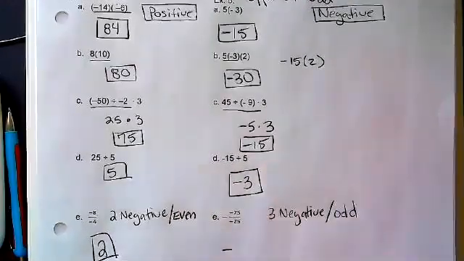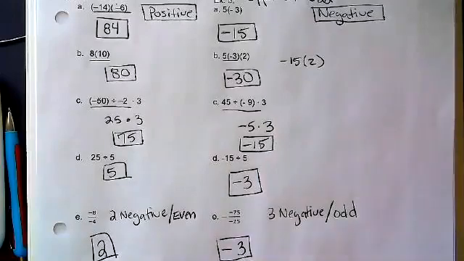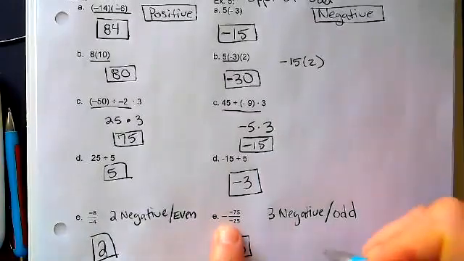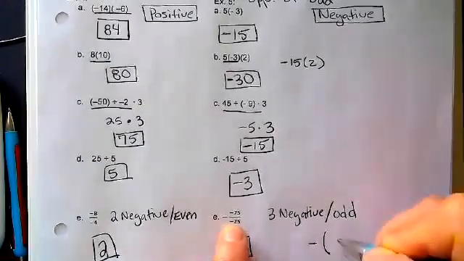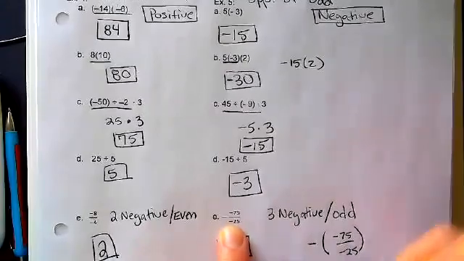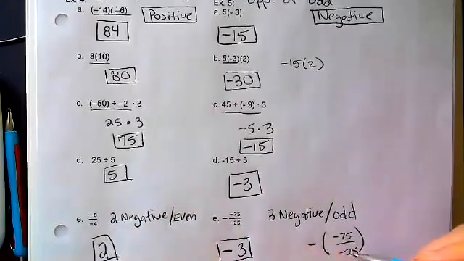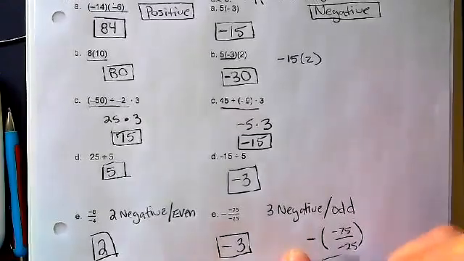So 25 goes into 75 3 times, so my answer is a -3. The way this is reading, to explain that a little bit more, is you're taking the opposite of, you don't see a parentheses, but it's like saying -75 over -25. Well, a negative divided by a negative made that a positive, but the opposite of that still is a -3.